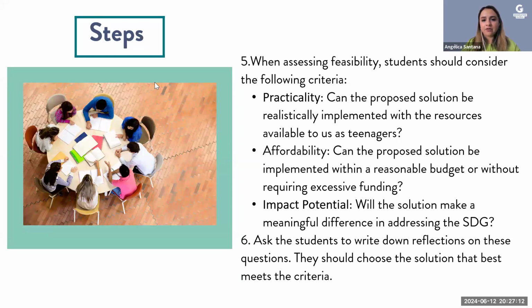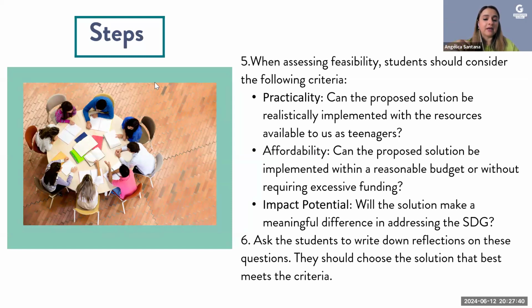And then after that, you can ask them, okay, your solution should consider these 3 criteria. First of all, it needs to be practical, which means something that can be realistically implemented with the resources that are available to them. It has to be affordable, which means that it can be done within a reasonable budget or maybe without budget.